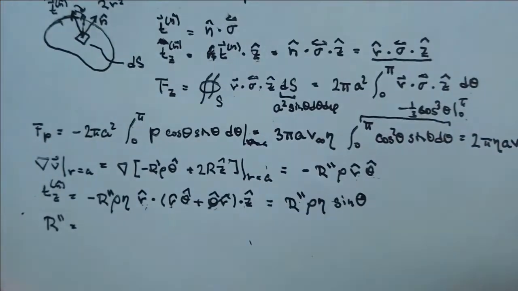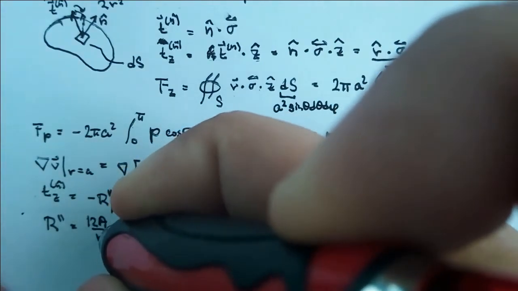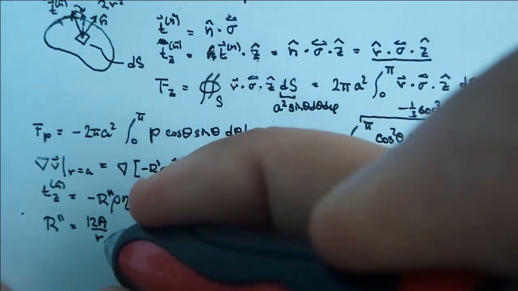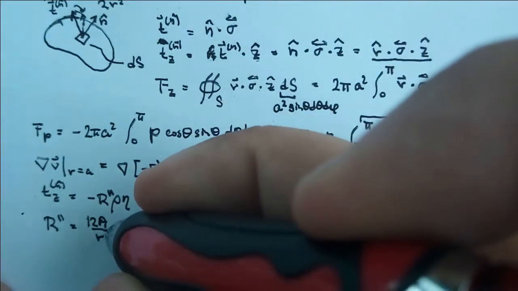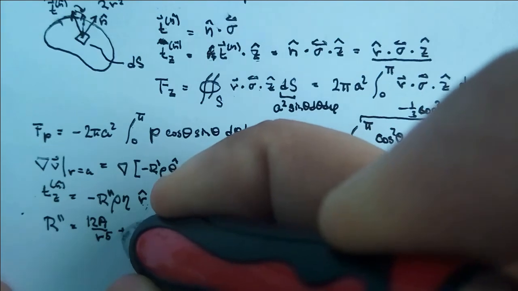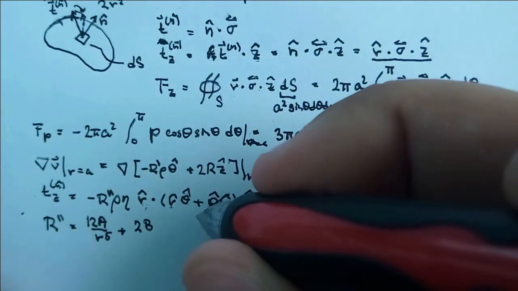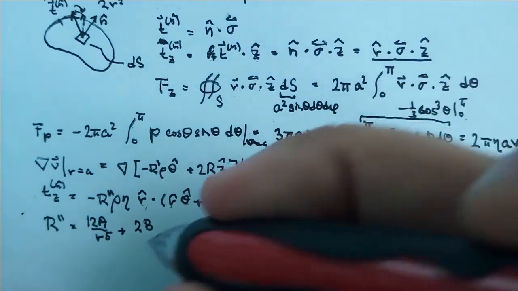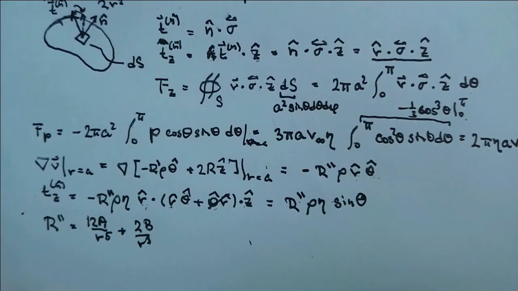It's 12a over R to the 5th power plus 2b over R cubed. Yes, I think that's correct.